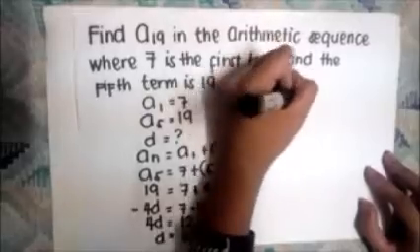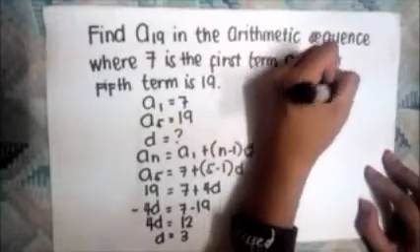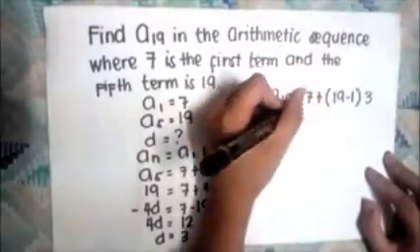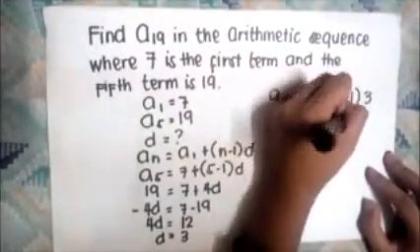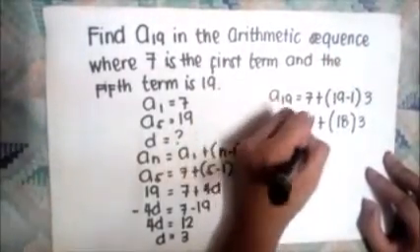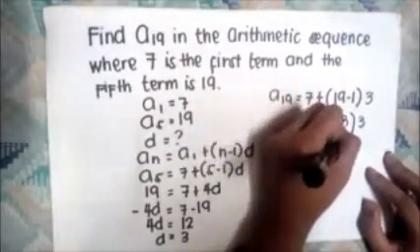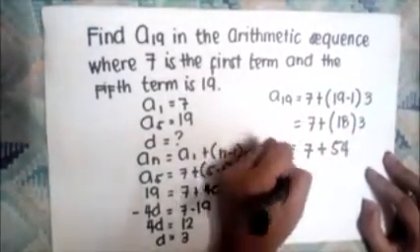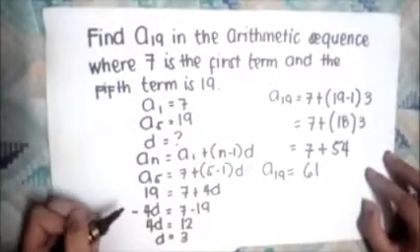A sub 19 is equal to 7 plus 19 minus 1 times the common difference, which is 3. So 7 plus 18 times 3, we have 7 plus 54 is equal to 61. So a sub 19 is equal to 61.